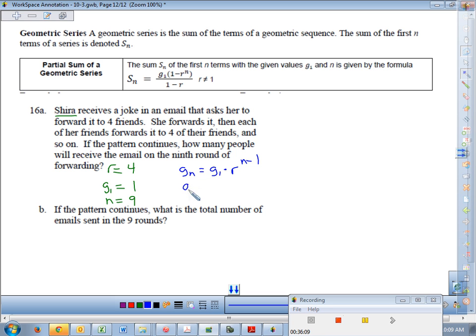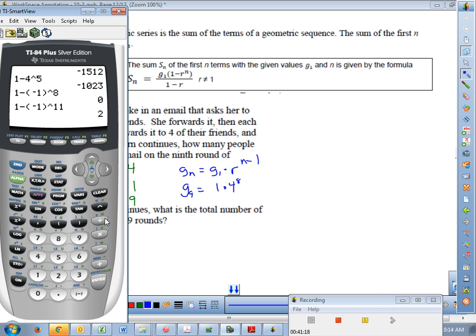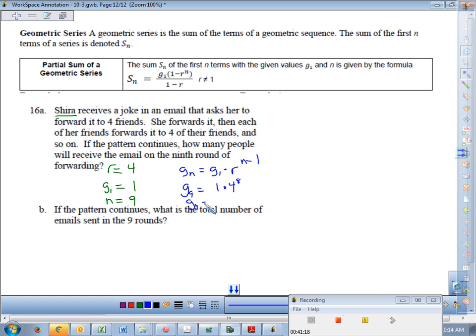G sub 9 will equal 1 times the rate, which is 4, to the 8th power. 4 to the 8th power is 65,536. 65,536 people get that email if everybody did their job.